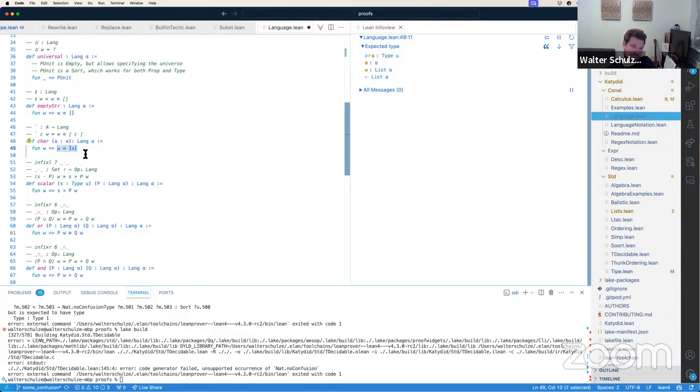But if we think about this case, if W equals A, the list of just A, then return an A. And if it doesn't, then fail, right?